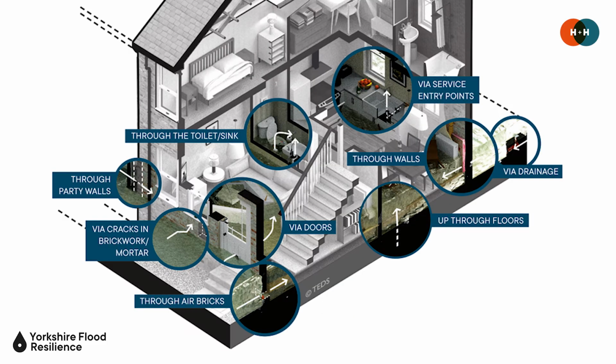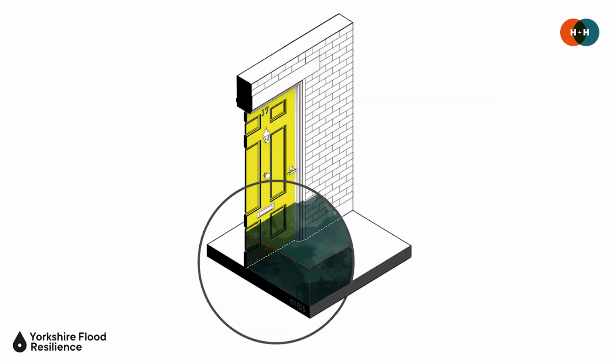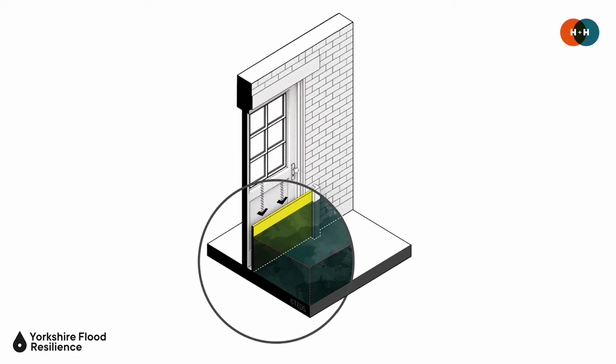And when you think about ways in which floodwater could enter a building, there are a number of different ways in which we can protect these different apertures. For example, you've got things like flood doors, which look like a normal door, but are designed to help restrict water entry up to a given depth. There are also a range of different types of deployable barriers.